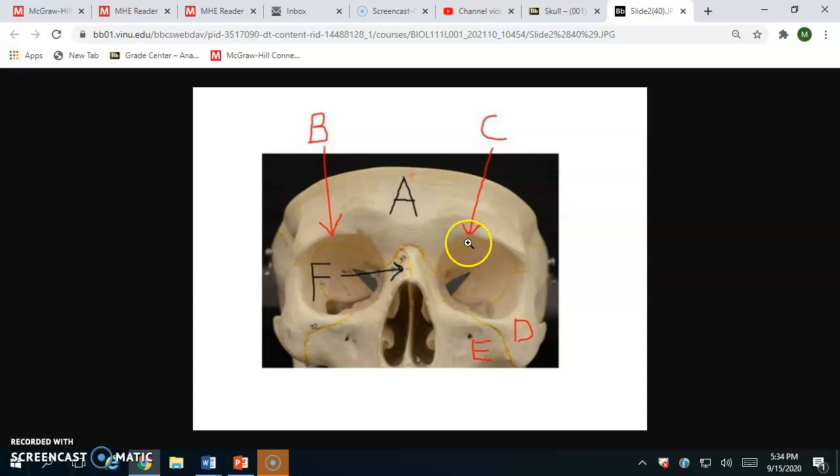It's a bit difficult to see in this picture, but there's a tiny little hole there. That little hole is called the supraorbital foramen or the supraorbital notch, either one. So that's what we mean by identifying the bone and then identifying some significant areas on the bone, or surface markings.